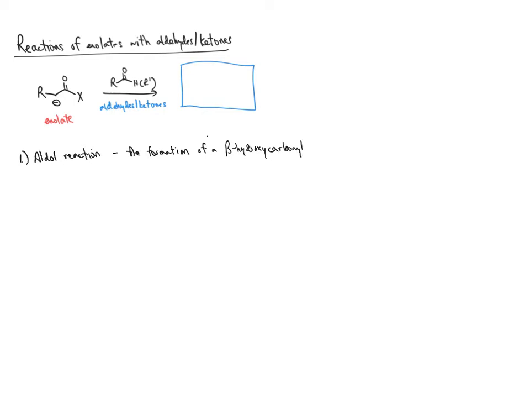And you get this beta-hydroxy carbonyl upon reacting an aldehyde or ketone with an enolate anion. So let's say that we started with the following aldehyde. So we have propanal. And we have propanal in excess, so I'm just going to draw in two molecules of propanal. And let's say we treat this with base, hydroxide anion.